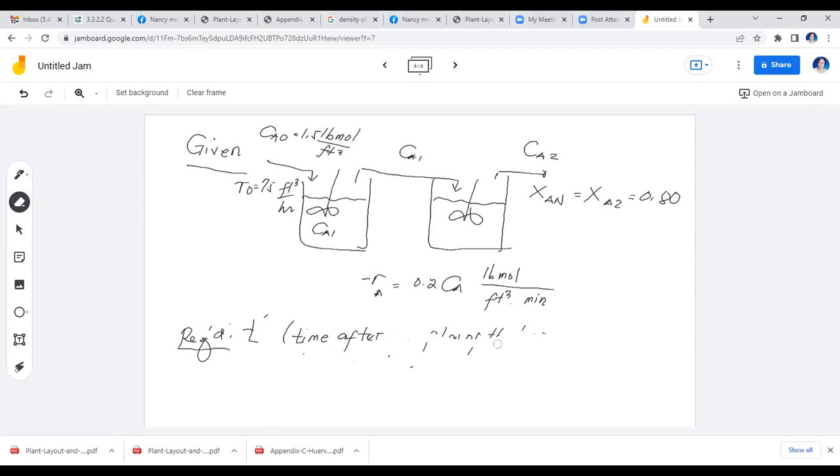Because this is also the time for the average of the concentrations of the two CSTRs to be equal to the final concentration here on the second CSTR if they are not disconnected. They are equal, rather. Okay, so time after the two CSTRs are disconnected.